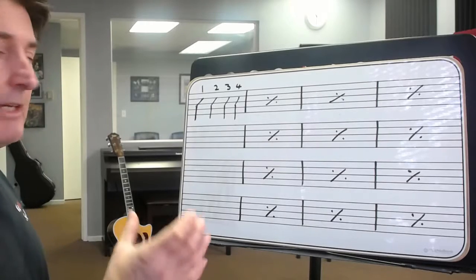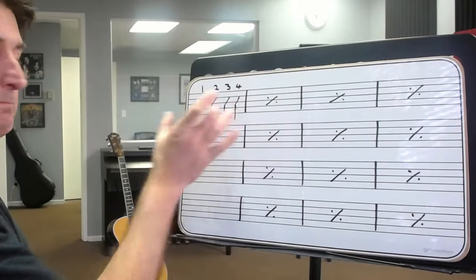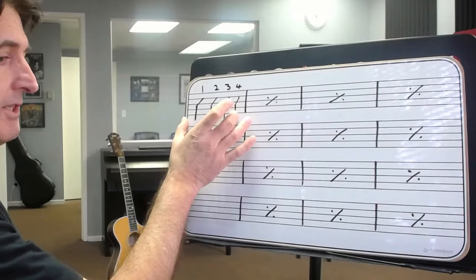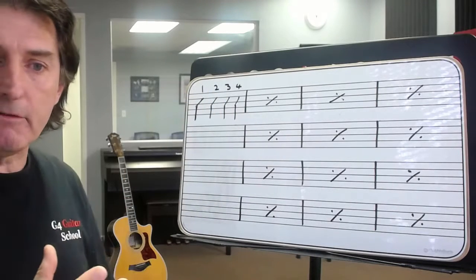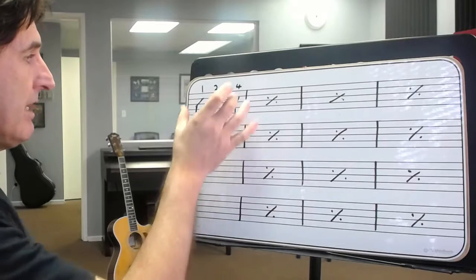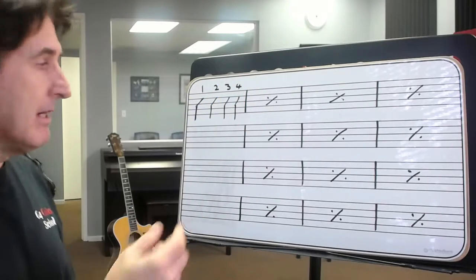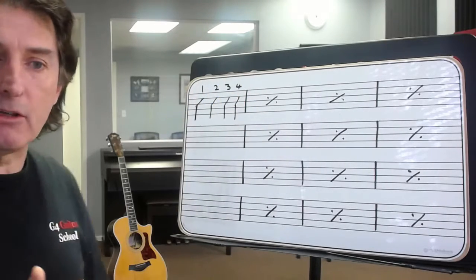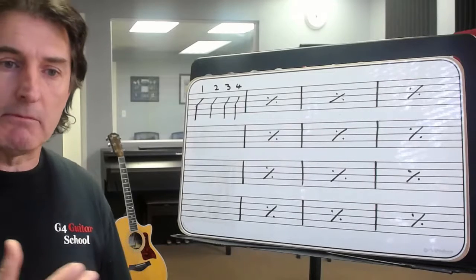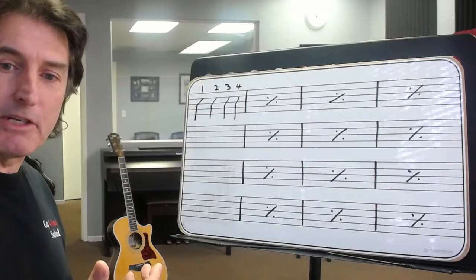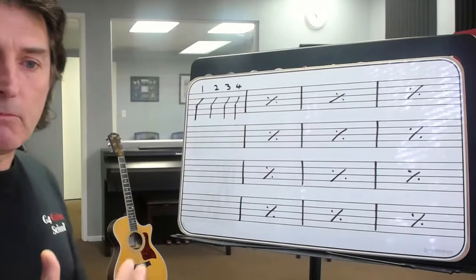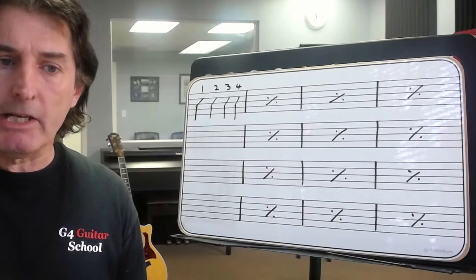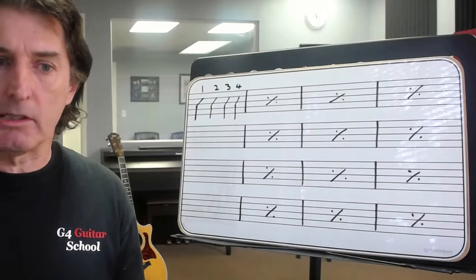So let's take a look into the very first bar. In the first bar, you're going to have the numbers 1, 2, 3, 4 written above, and underneath each one of these numbers, you're going to have this shape here. It looks like a lamppost. Some of my students have thought it looks like a broken frisbee. But anyway, this symbol represents what we call in music a quarter note.